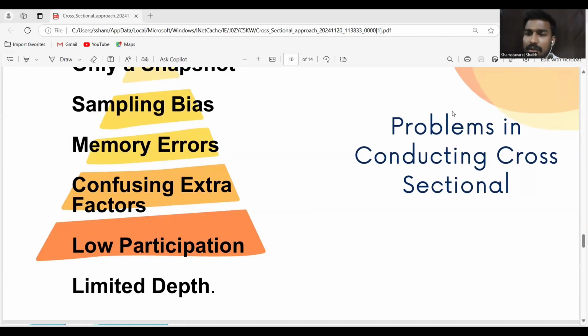In the cross-sectional approach, there is limited depth because it is a snapshot. It does not give a detailed picture of the samples and the population. It gives samples of the population, and it does not have many participants, only a few.